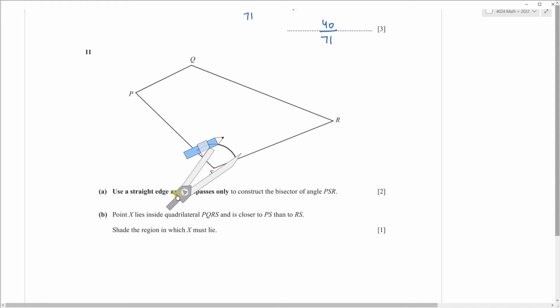Then place your compass where the arc intersects with the line SR, like this. And then we'll draw another arc here. Then place the compass on the other line where the arc intersects PS, and we'll draw another arc here.